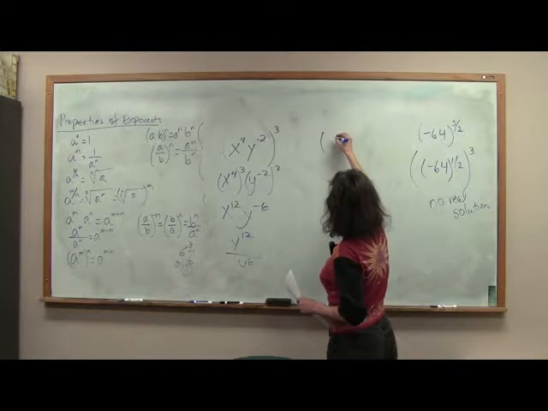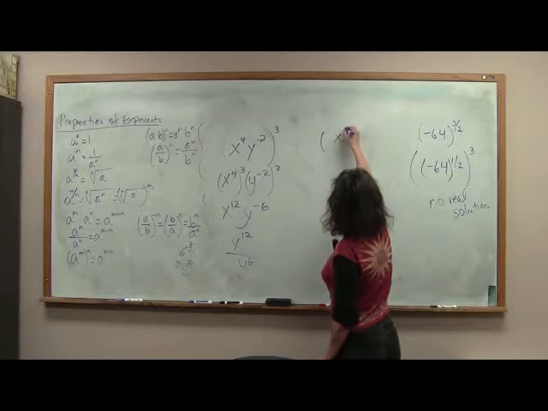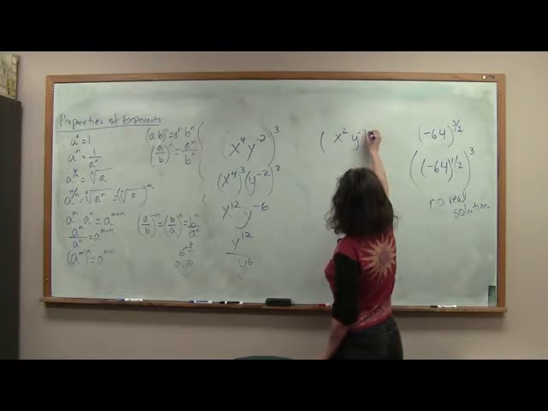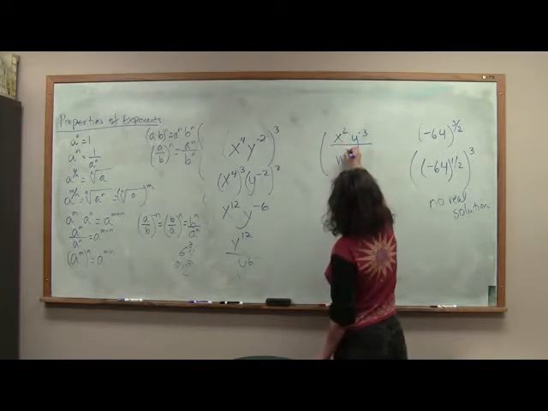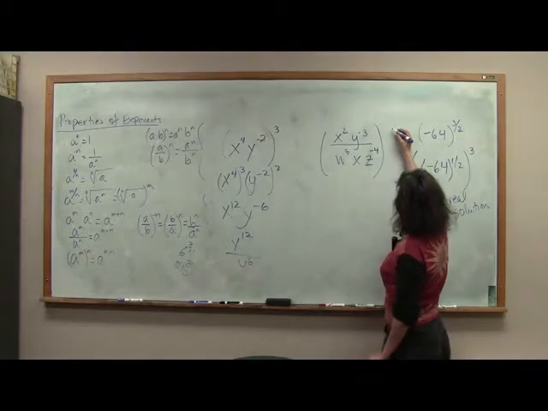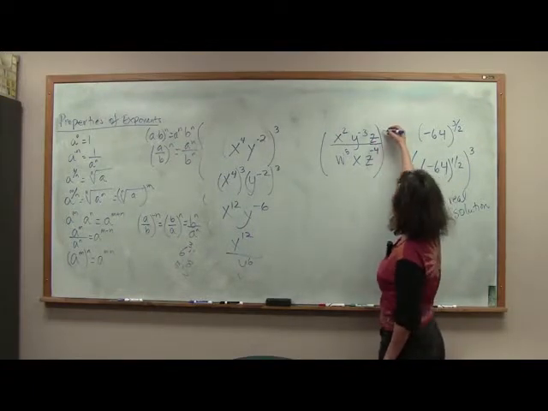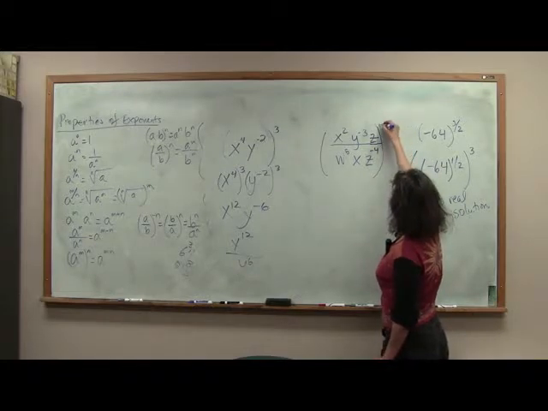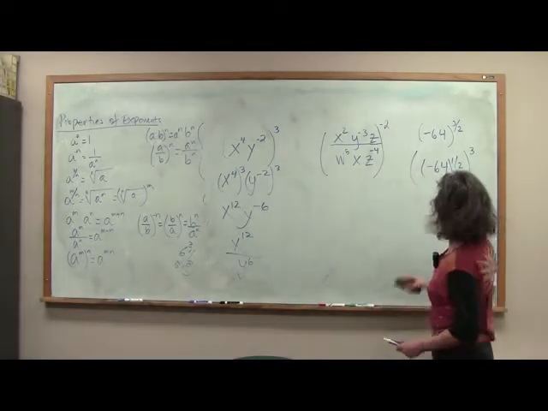What if I have, how about x squared y to the negative third over w to the fifth x and z to the negative fourth, and let me have a z up here too. Isn't this beautiful? And why don't we raise that to the negative second power? Just to make it look particularly nasty.